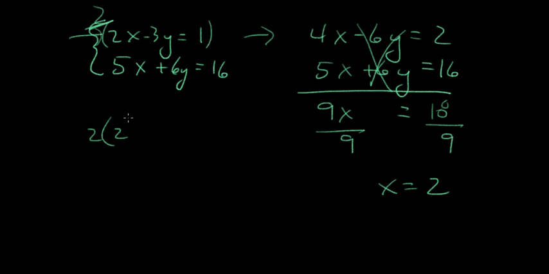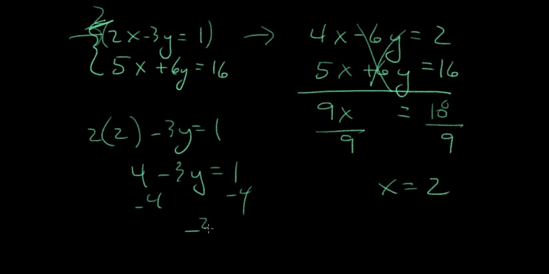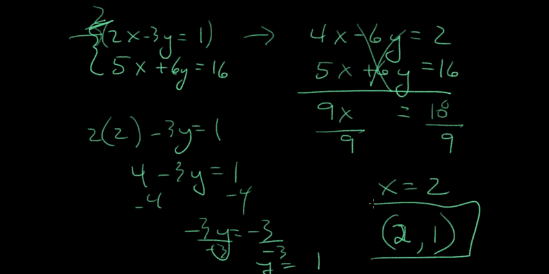I like things the easy way. 2 times 2 minus 3y equals 1. So 4 minus 3y equals 1. Subtract 4, negative 3y equals negative 3. Divide by negative 3, y equals 1. So my ordered pair 2, 1, that's my solution.